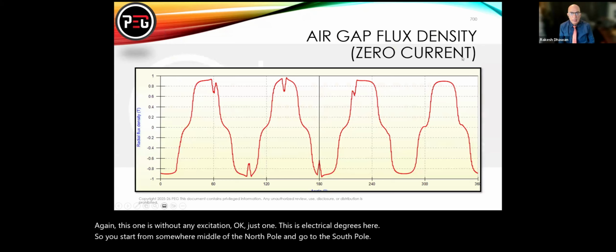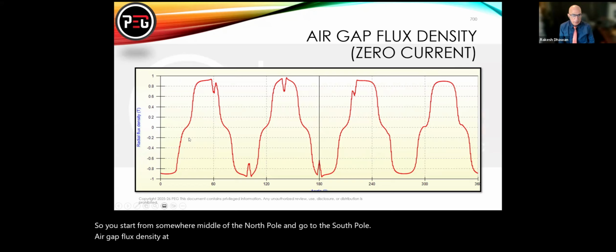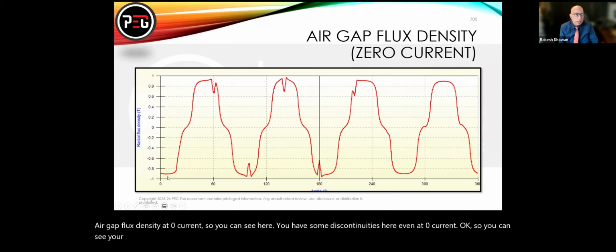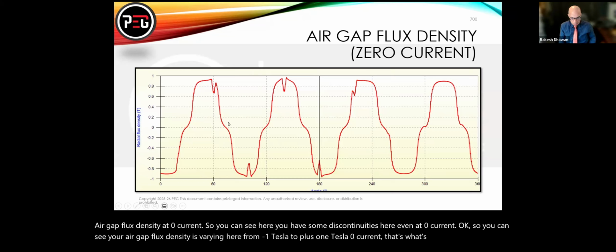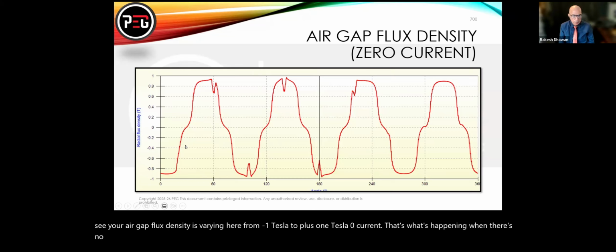Air gap flux density at zero current. So you can see here you have some discontinuities, even at zero current. You can see your air gap flux density varying here. That's what's happening when there's no excitation. That's the kind of variation you have.